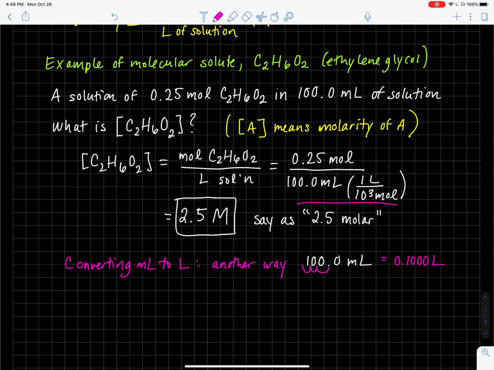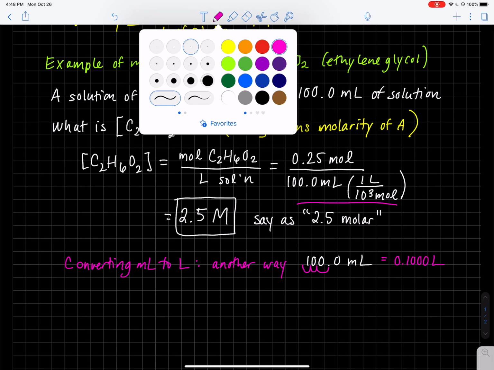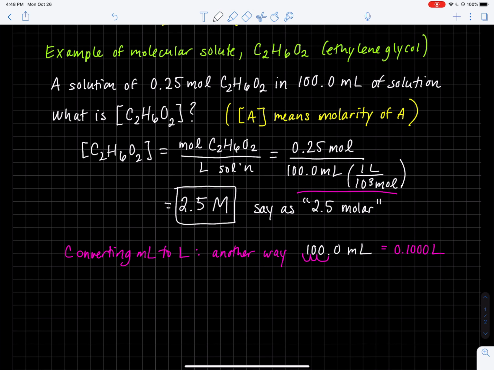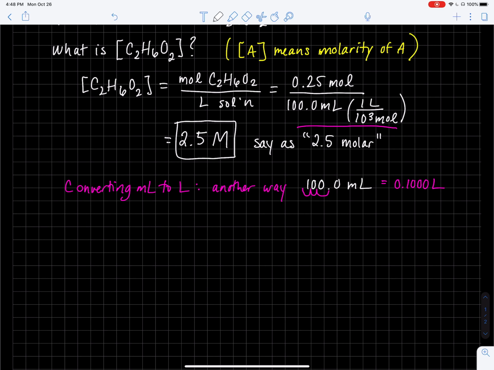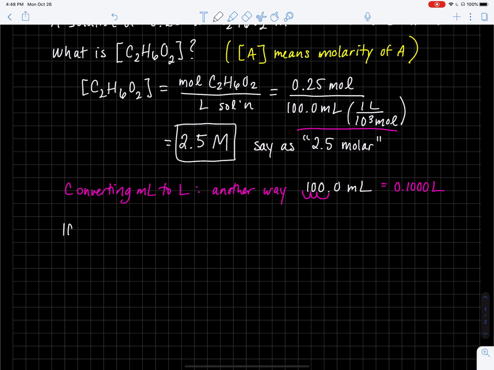Okay, so another example is, because in fact, usually we don't measure things in moles, we measure them in other ways. So another question is, if I dissolve 0.25 grams of ethylene glycol in water, unless otherwise stated, we assume our solvent is water.